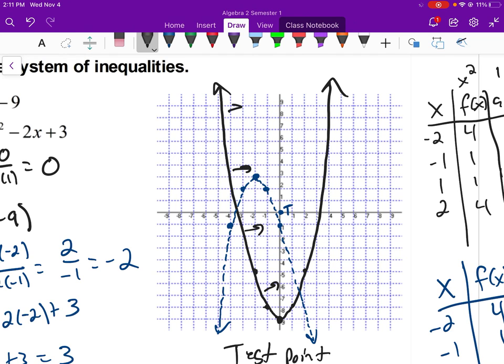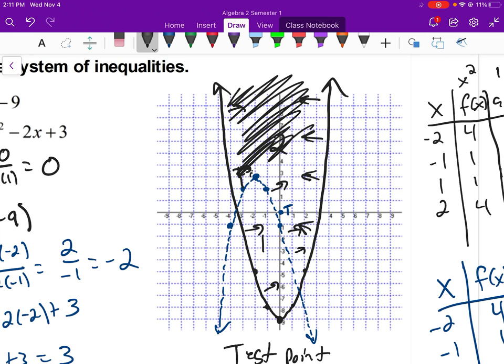Going back to the arrows, our shading for this system will be somewhere inside of that parabola. In that case, it's only going to be area 1 or 2 here. Since on the blue one it was on the outside, it would be on the outside of this one. Therefore, where the arrows overlap, that would be this area here.